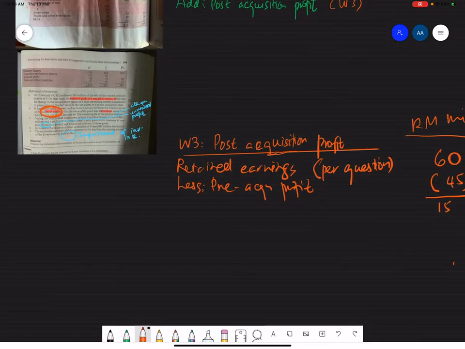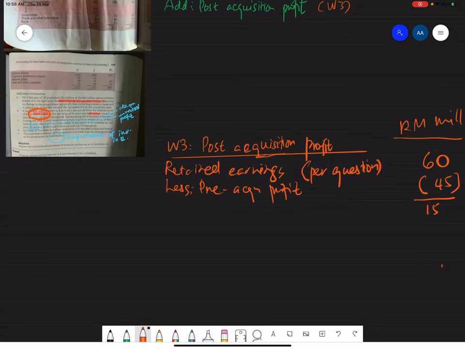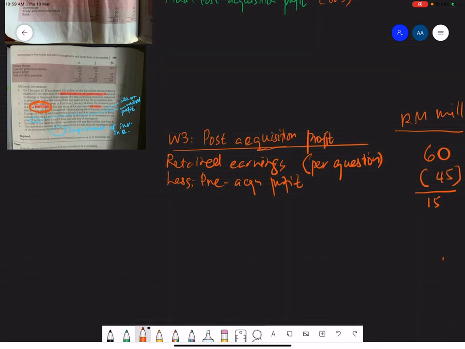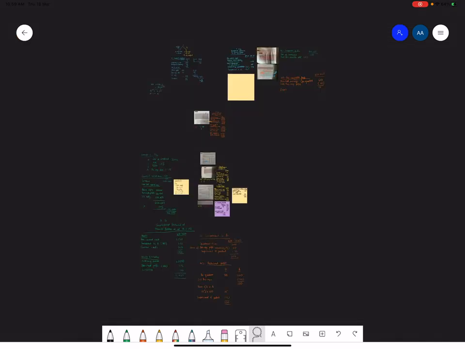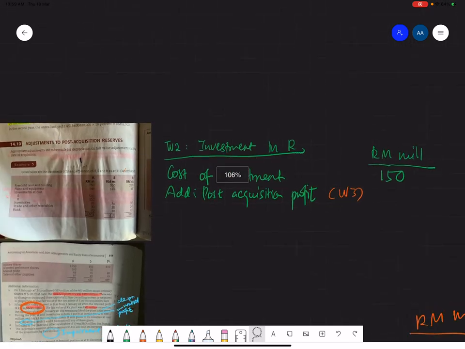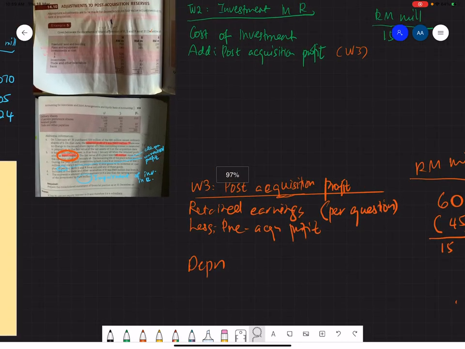So we know that depreciation will affect. We have discussed depreciation affect and unrealized profit affect post acquisition profit.